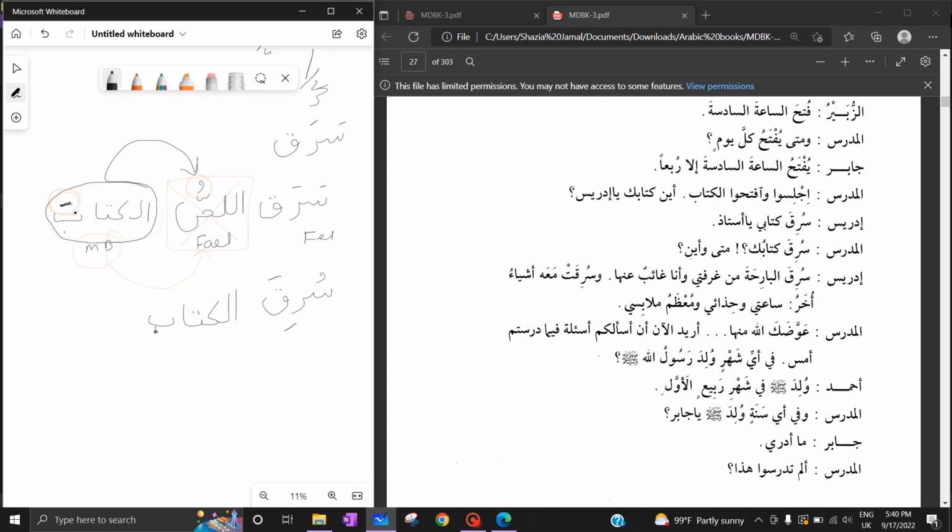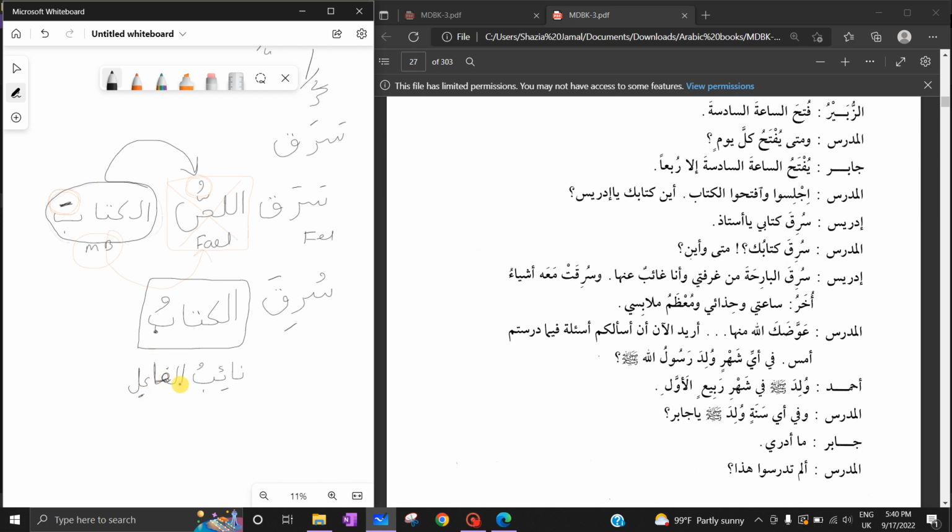The fatha will be removed and we take the dhamma of the fa'il. Now this al-kitabu is no longer maf'ul bihi. This is naibul fa'il.